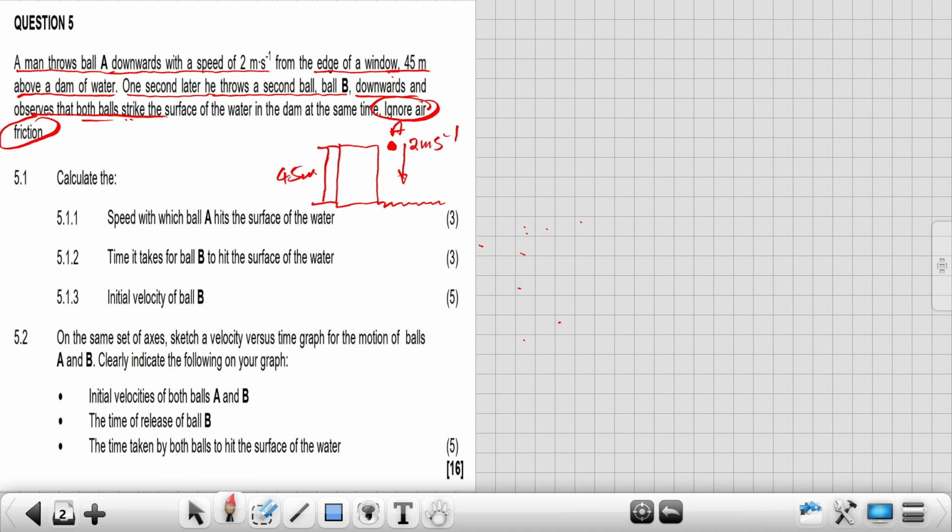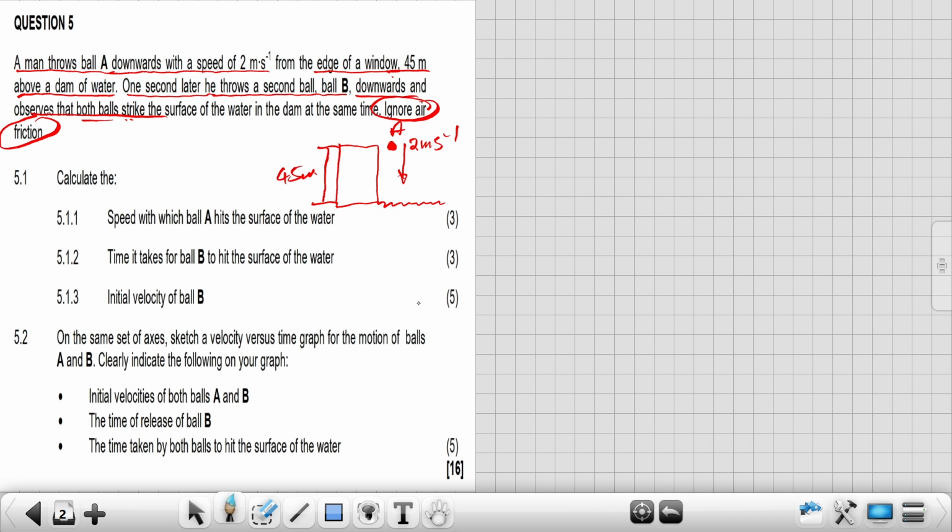By that statement, we know that we can apply our equations of motion, or our formulas as per the formula sheet, and we know for sure that we are working with projectile motion.